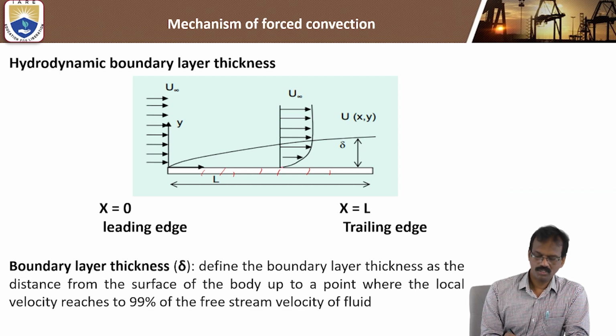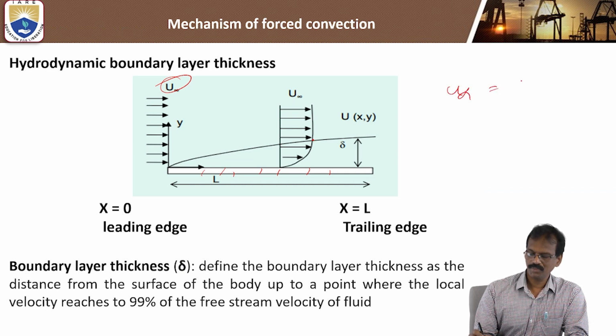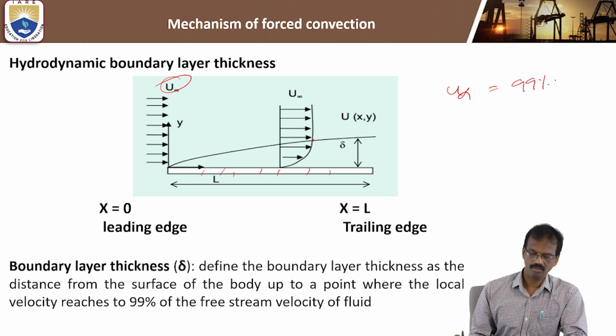Initially, the velocity of the particles which are very near to the solid is very low, zero. Then gradually the velocity increases. At a particular position, the velocity is very near to the stream velocity, u infinity. Here the velocity is not completely equal to u infinity, but 99% of equality we can see.